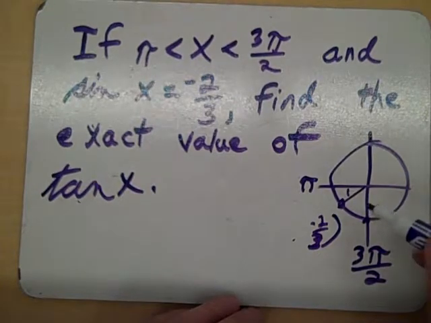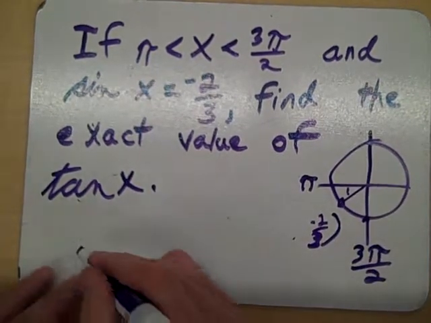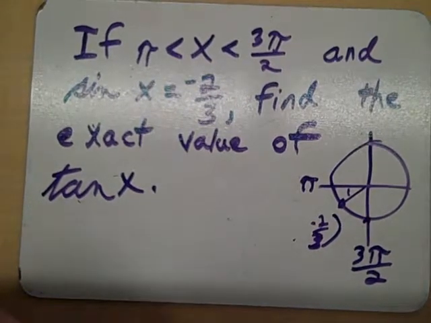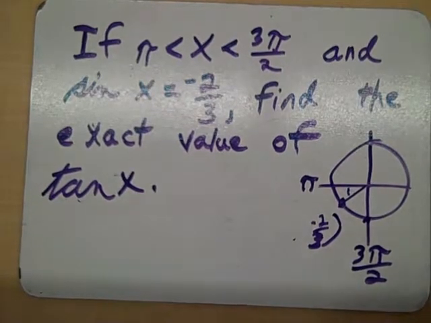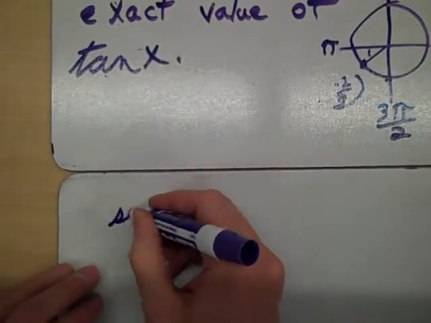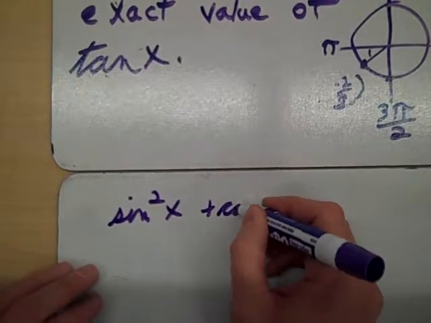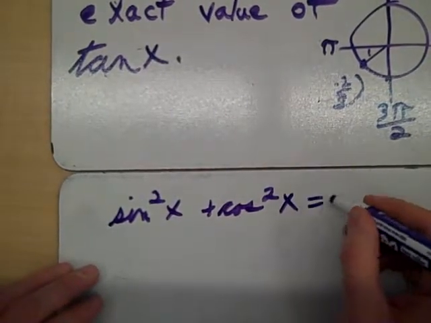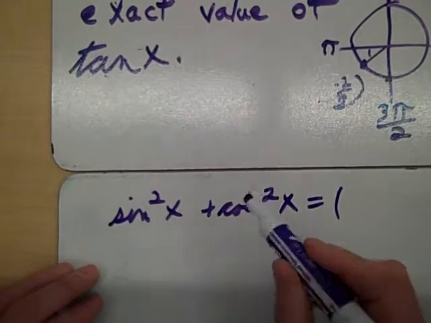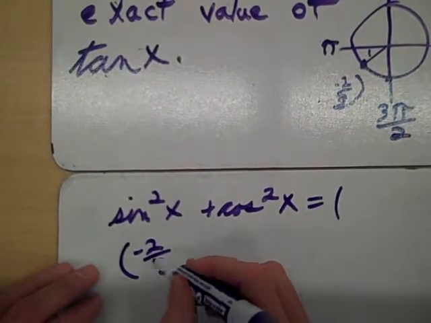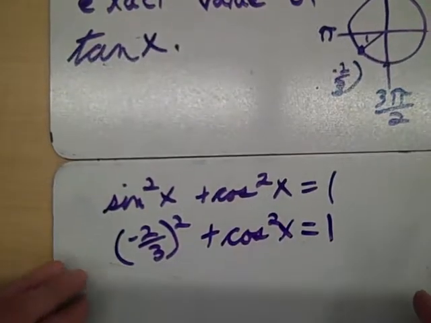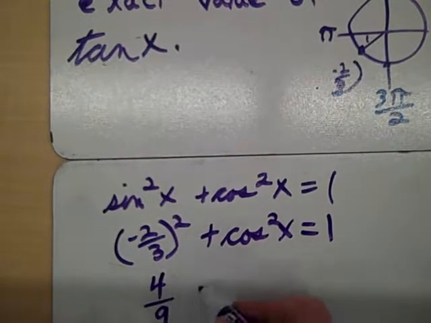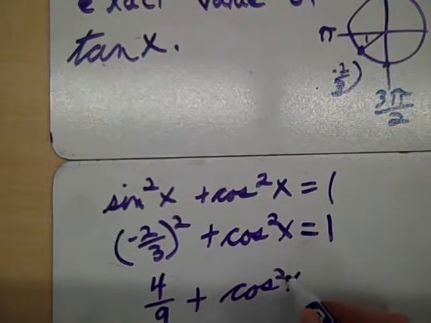Remember, the unit circle is 1. And what I really am going to use now is that sine squared plus cosine squared is equal to 1. So the sine squared x plus cosine squared x is equal to 1. We know that the sine of x is negative 2/3. So negative 2/3 squared plus cosine squared x is equal to 1. And that is 4/9 plus cosine squared x equals 1.